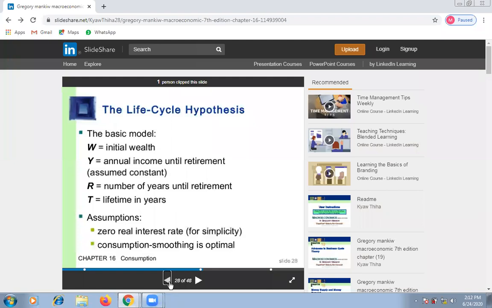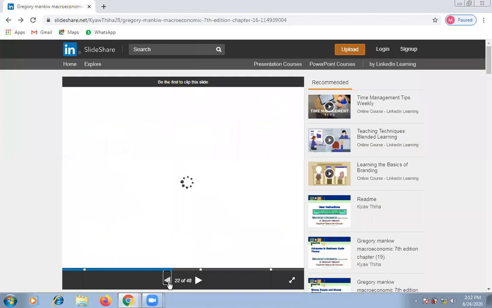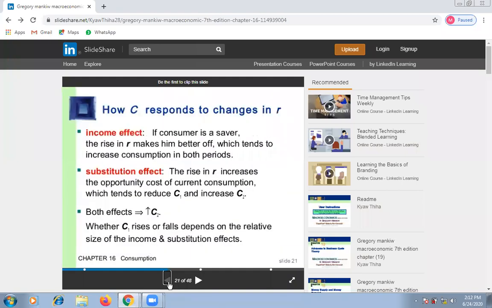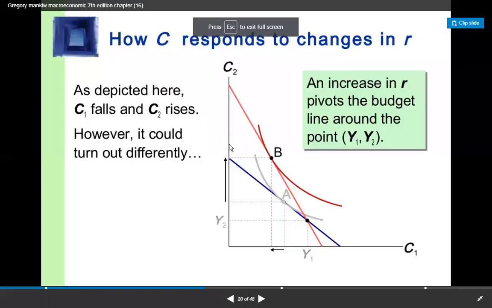Because of higher interest rates, they will earn higher interest payment in future. So higher interest rates, due to higher interest rate, they will save more of Y1.